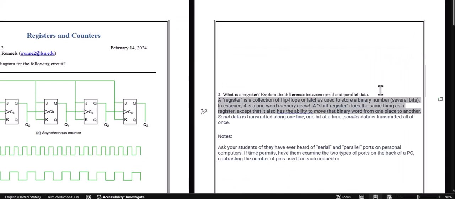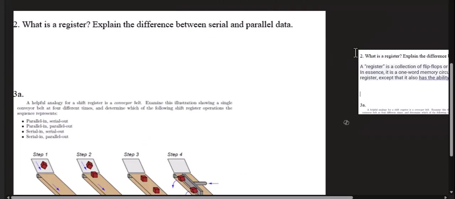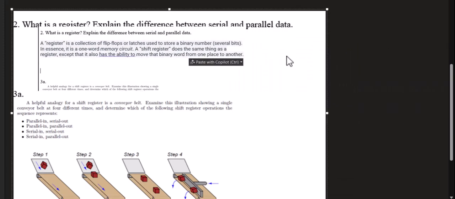Good, nice definition. Now, what is the difference between serial and parallel data? Does serial mean that it has to be sequential in order for information to change, whereas parallel is simultaneous?